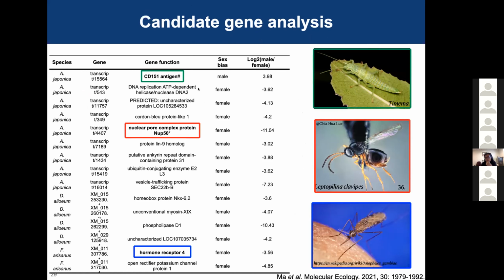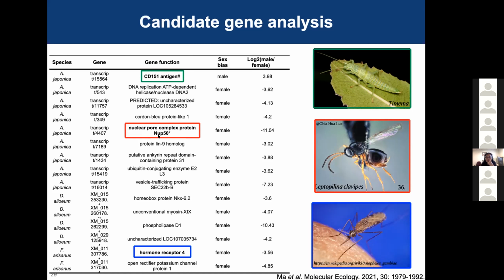Compared with other sex-asex studies, we can find, first, CD151 antigen. This gene is in transmembrane family 4 and is involved in cell signaling. This gene has been found in differential gene expression lists between sexual and asexual Timema stick insects by Darren Parker and also in Tanja's lab.